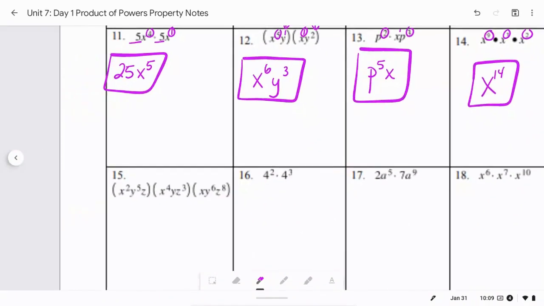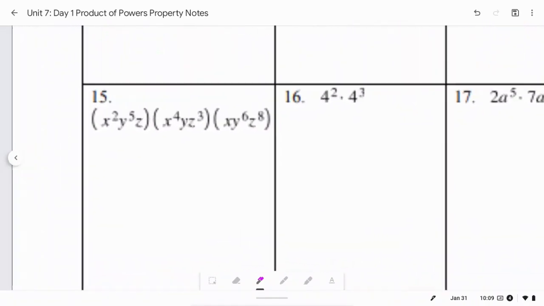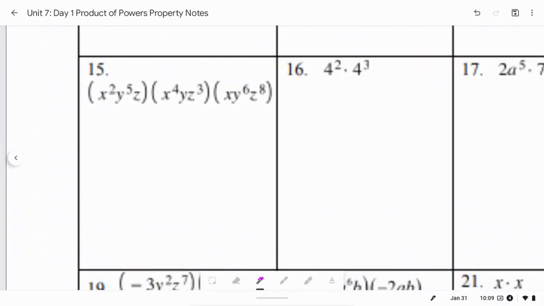All right, next one, example 15. Now this one has x's, y's, and z's. So keep in mind we can only combine x's together, then the y's together, then the z's together. And let's put an exponent of 1 with the first z, an exponent of 1 with the second y, and then an exponent of 1 with the 3rd x. So let's start with x's.